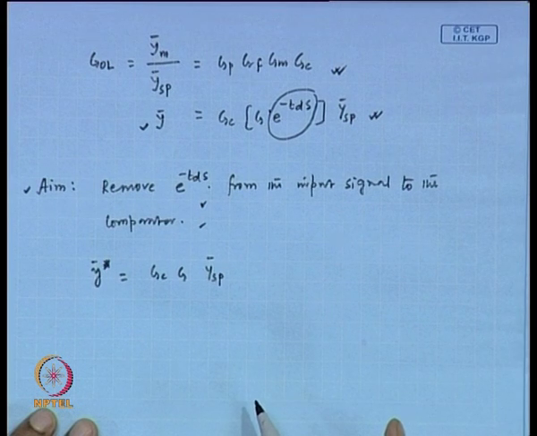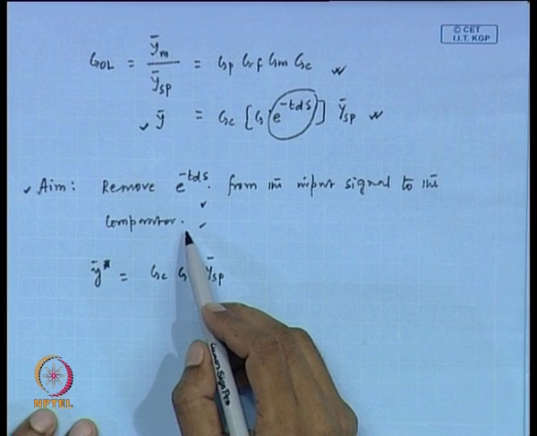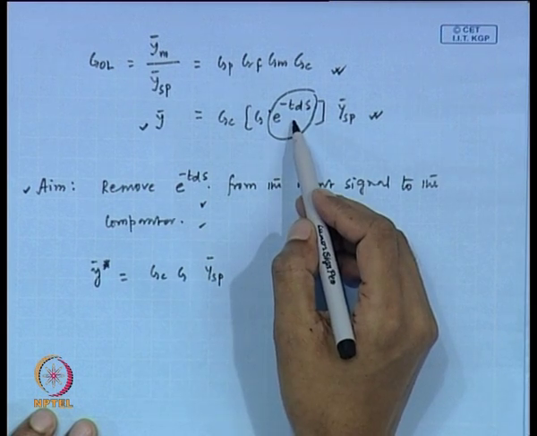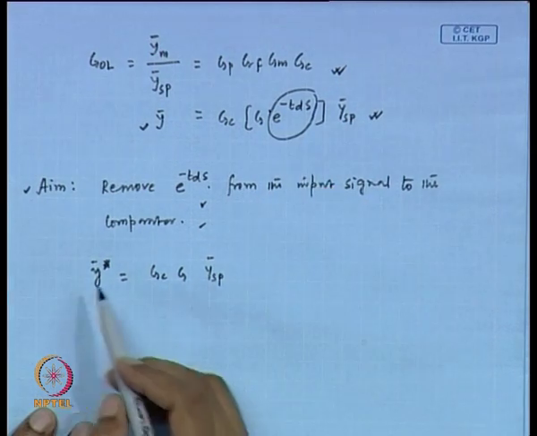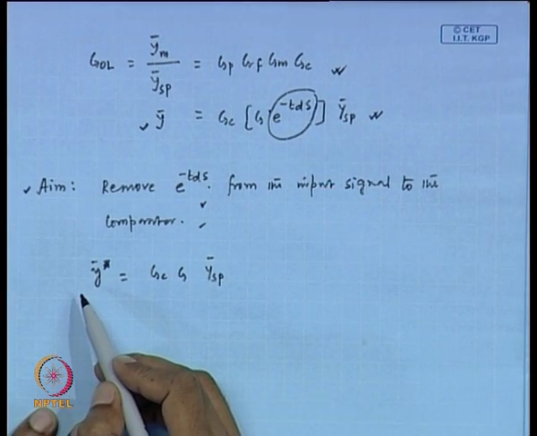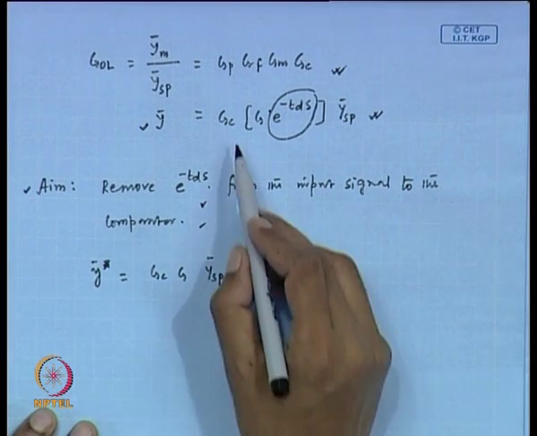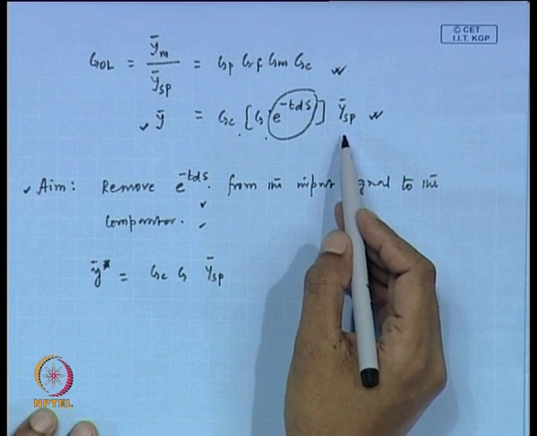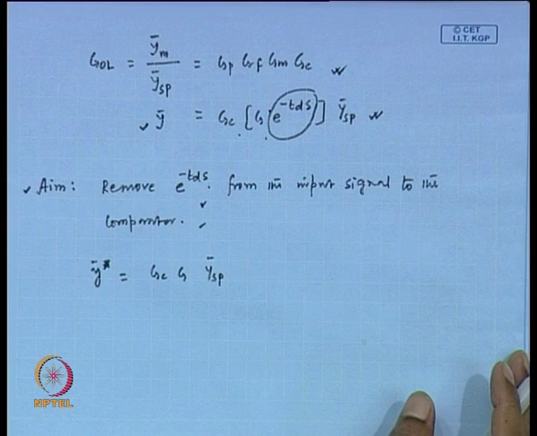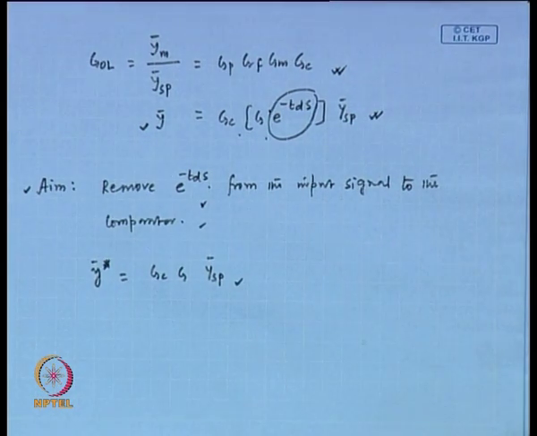We have to devise the comparator so that the input signal to the comparator does not include this dead time part. So, if we represent the ideal response by y star, then y star should be Gc, Gs, y set point. Now, how can we obtain this y star?